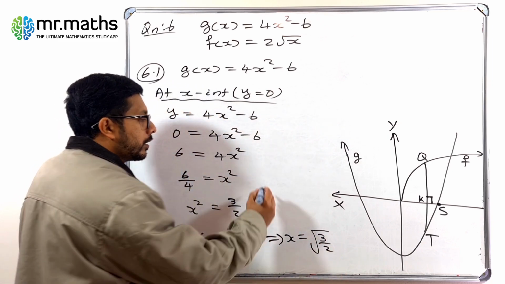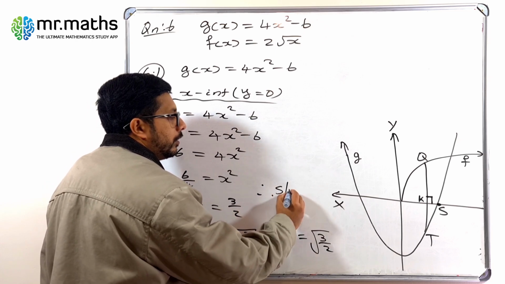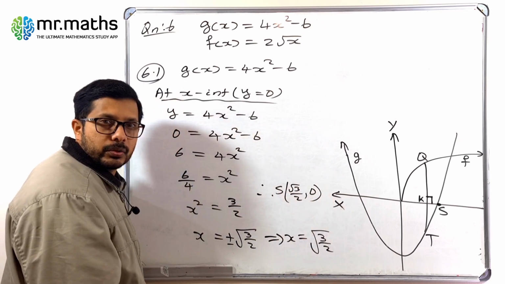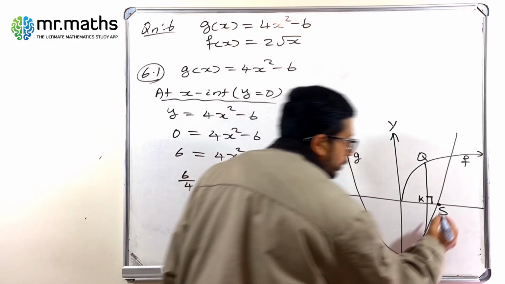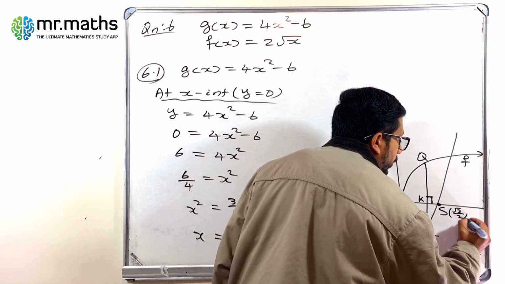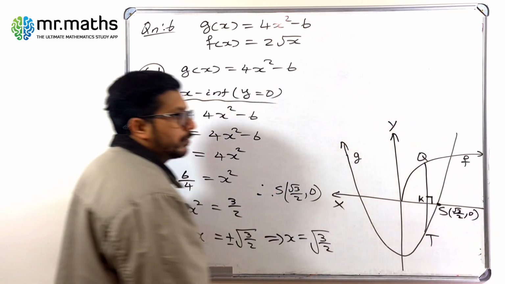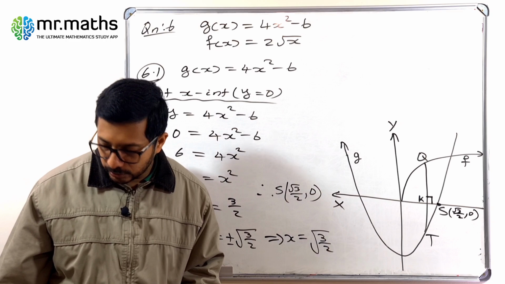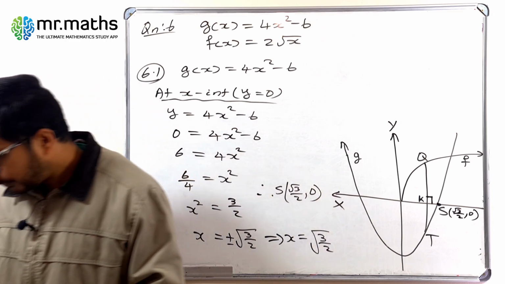So now what is the coordinate of S? Root 3 by 2 comma, x-intercept so y is 0. You understand? So now we know that the coordinate is root 3 by 2 comma 0. Okay, so that is question number 6.1. Now let's go to question number 6.2.